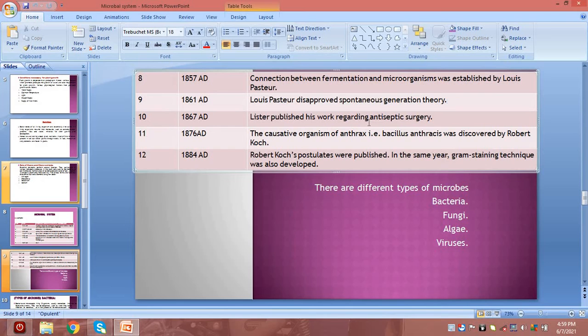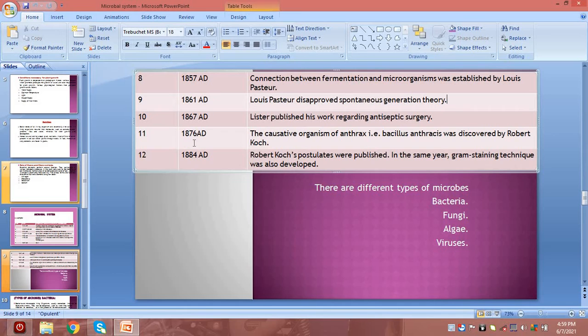This work was published by Lister, regarding sterilizing the skin surfaces during surgeries by the use of antiseptics like Dettol and phenol.